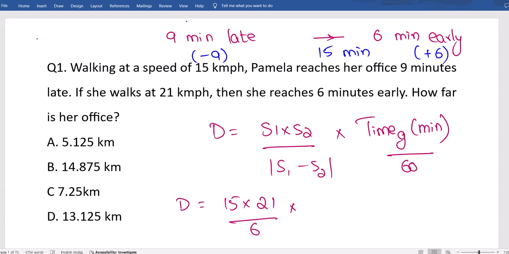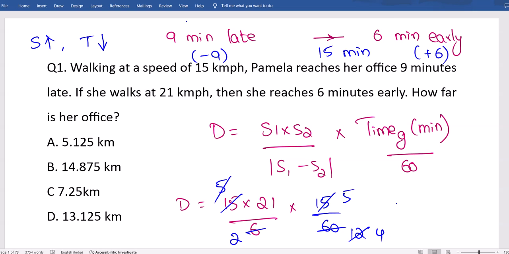When speed is increased, time will decrease. You were 9 minutes late, now you are 6 minutes early, so 15 minutes is the time gain. Divide by 60 to convert into hours. Now if you look at that, cancelling the common factors, it's like 105 divided by 8.